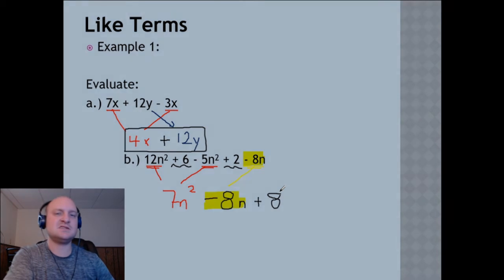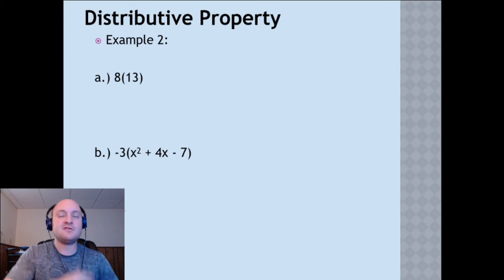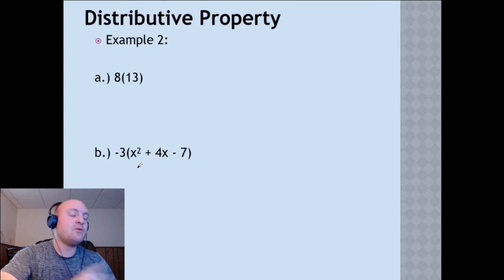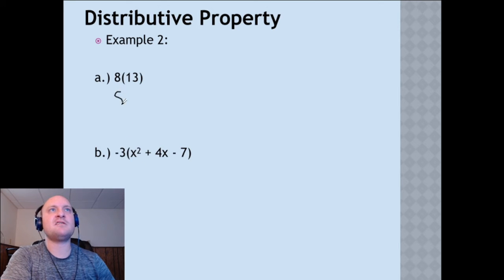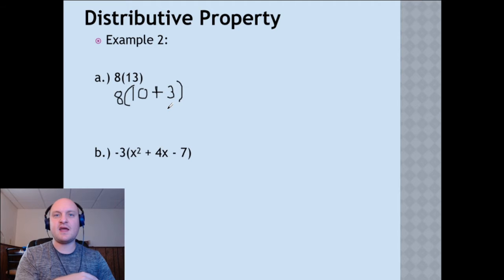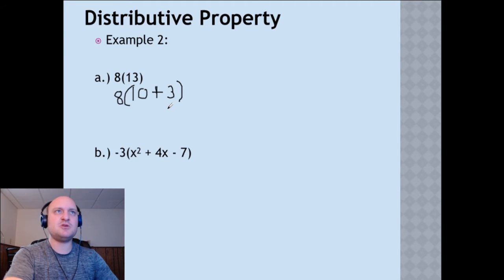Let's move on to the next example. On this slide, I want to show how the distributive property can actually be really helpful in terms of raw calculation. Say you want to do 8 times 13, and you're like, I don't know how much that's worth. One way you might approach it is to say it's 8 times 10 plus 3. When you say, well, 10 eighths is 80 and the other 3 eighths is 24, and I can just put those together, you're actually using distribution there.